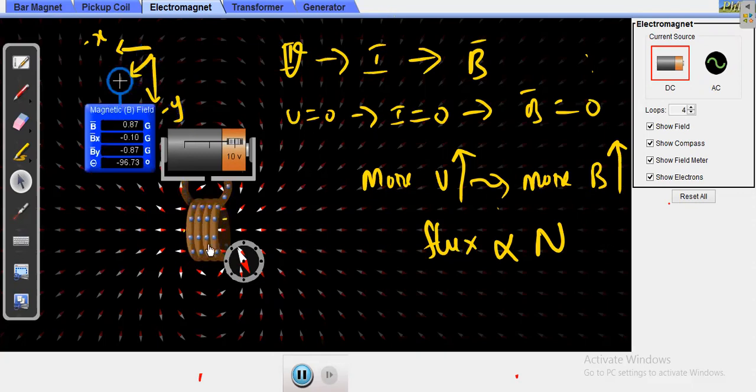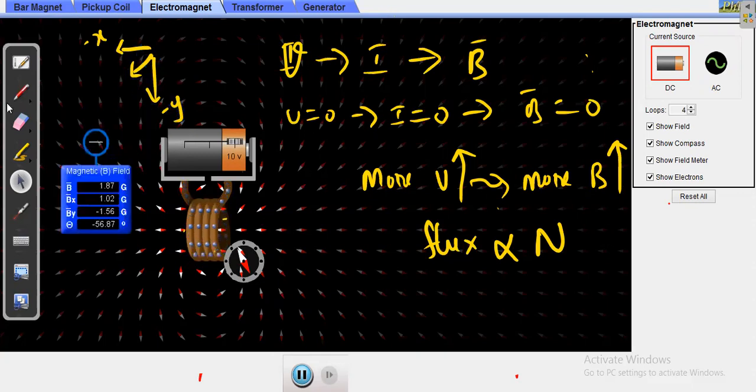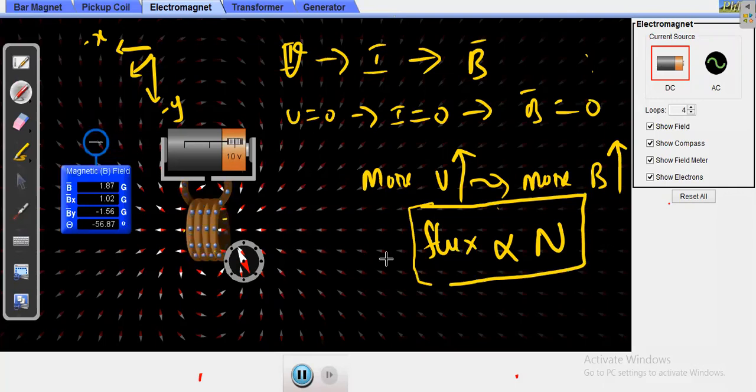So these properties of increasing n is a very important concept, sir. With more number of turns, you can do many things. That's why if you have seen the coil in a fan or motor or generator, there will be a number of turns, because with some current you can produce more work, more magnetic field.